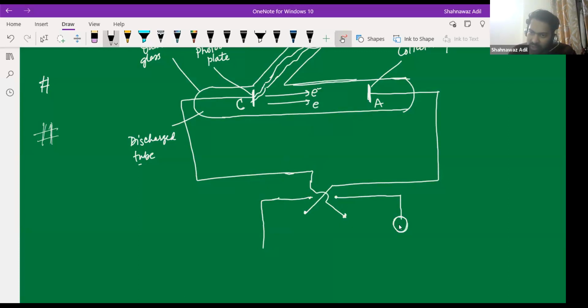Let's say we have connected a microammeter. This measures the current in microamperes because the amount of current would be very small.